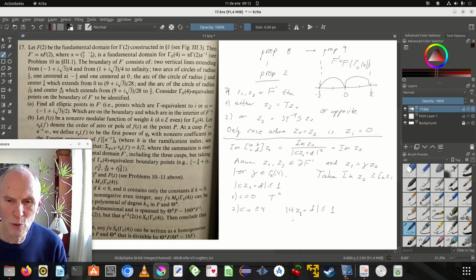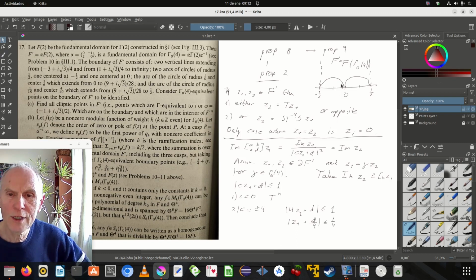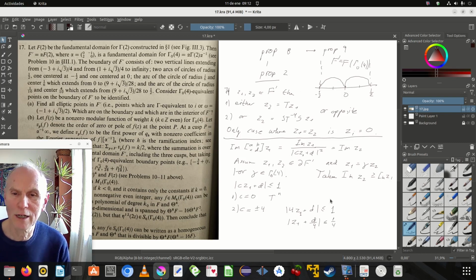If we divide by 4, you see if d is unity, then it's the circle around here, and that means that z must lie down here. If d is minus 1, then it's the circle here. And if it's anything else, if d is larger, then we are out here where it cannot lie.